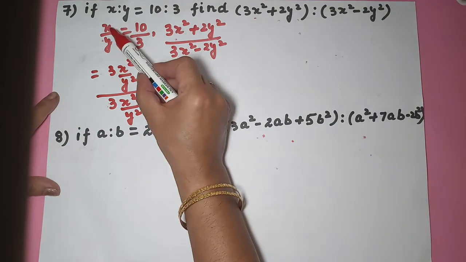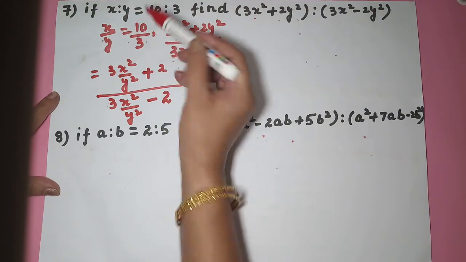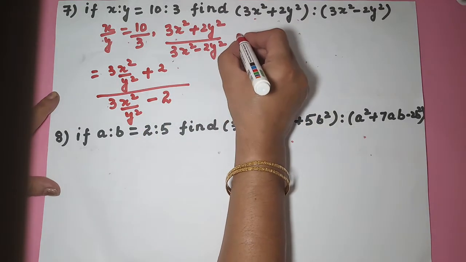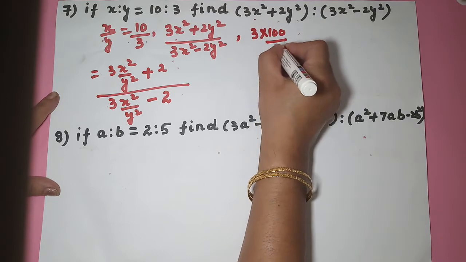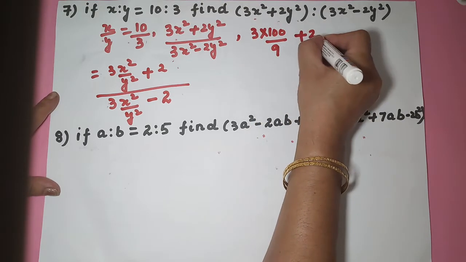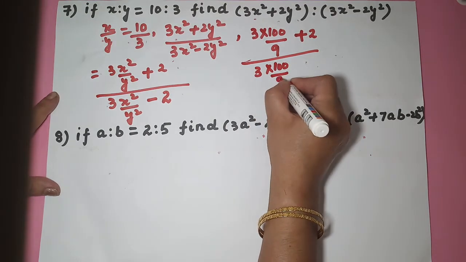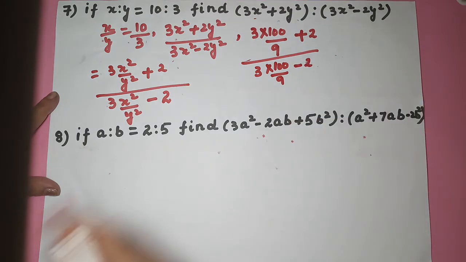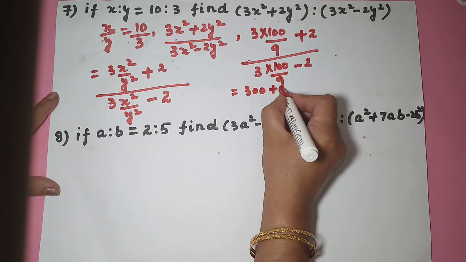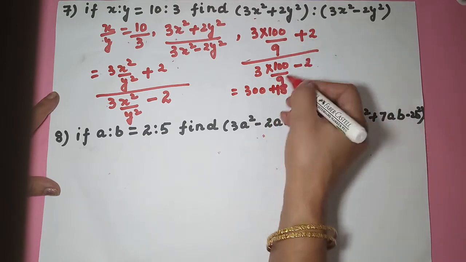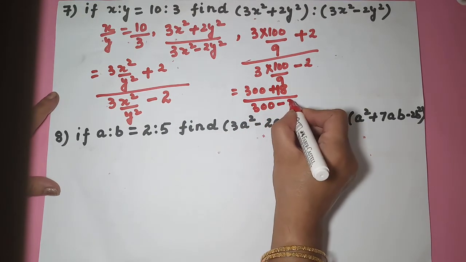Now since we have the value for x by y, we need x square by y square, so we will square this. So if we square this, what will we get? We will get 3 into 100 upon 9, simple, plus 2 divided by 3 into 100 upon 9 minus 2, right? Now this will become 300 plus 18, because we can get rid of this 9, divided by 300 minus 2.